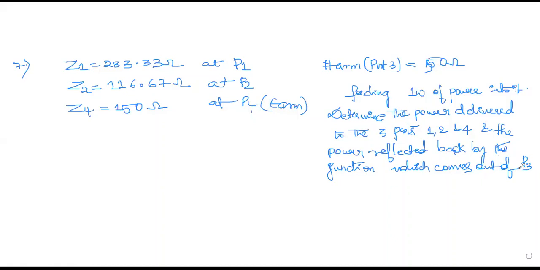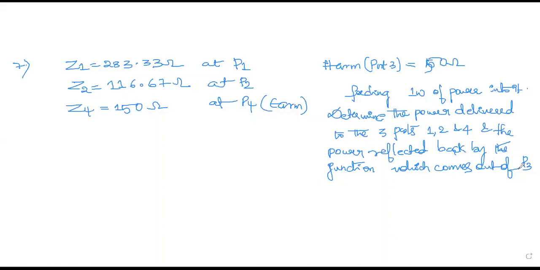Repeat the question once again. A magic tee is terminated by an impedance of Z1 equal to 283.33 ohm at port 1, by another impedance of Z2 equal to 116.67 ohm at port 2, and some other impedance of Z4 equal to 150 ohm at port 4, the E arm.